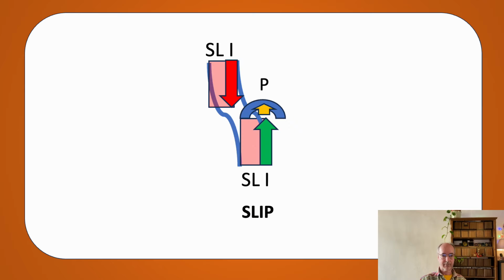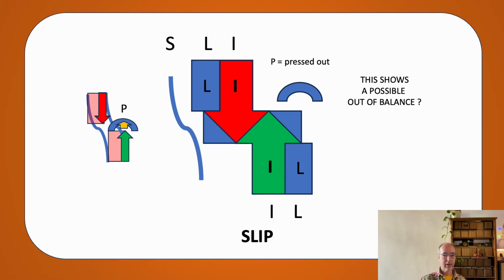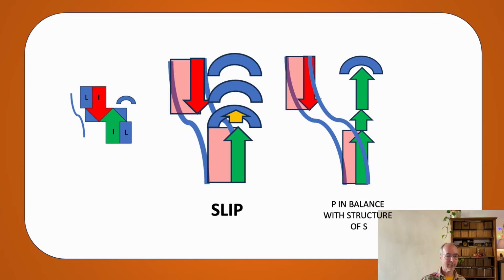You see here the pressing out, where does it have to go to? Will it be out of balance? Let's try to make it into a balance. The P of the pressing out process will go all the way. So that's already something that we know.